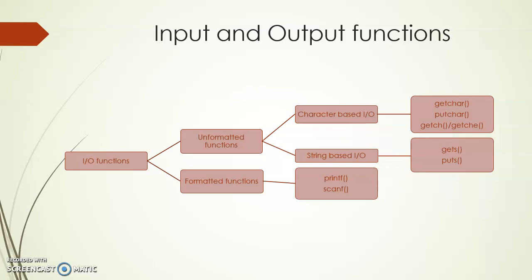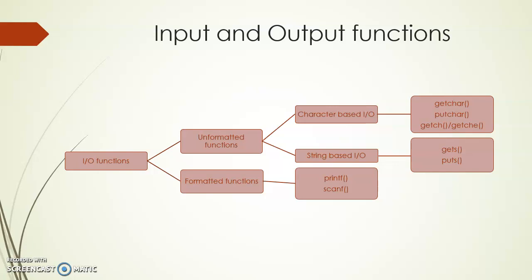So they cannot read or write more than one variable at a time. In this chart, we see that unformatted functions are further classified as character-based and string-based functions. Later, we will discuss them in detail.